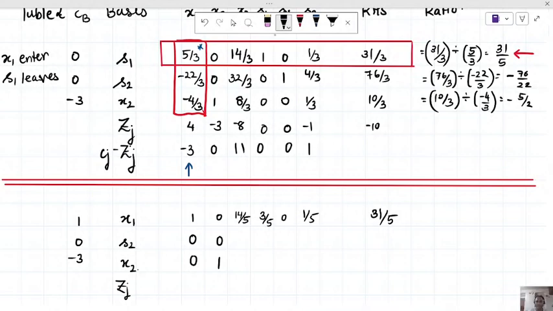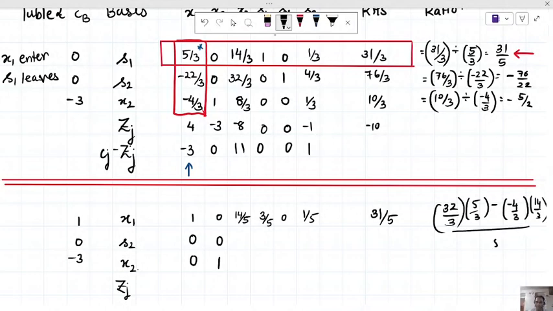While calculating, be a little careful because it is 32 by 3 multiplied by 5 by 3 minus, it is going to be minus of 4 by 3 into 14 by 3 divided by 5 by 3. So how much is it going to give you? We have to calculate it in a perfect way.